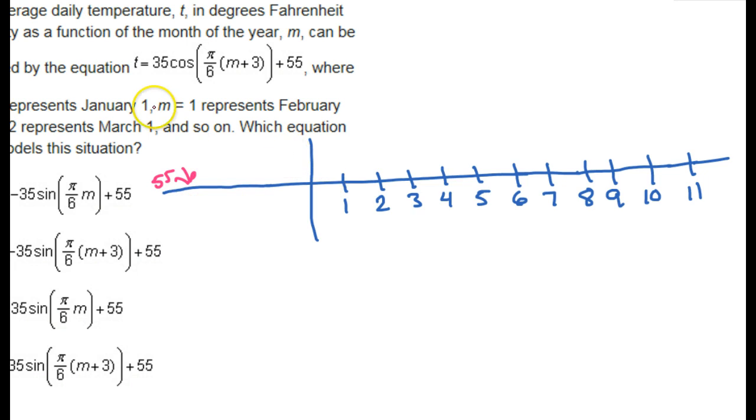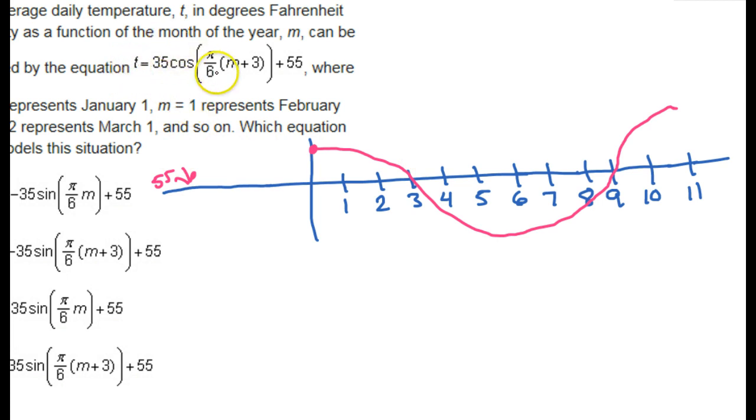Okay, anyway, cosine starts up high, and then it begins to fall, and then it gets to its lowest point, and it comes back, and then it ends high again. So that's how it would look, something like that, if there was no phase shift.